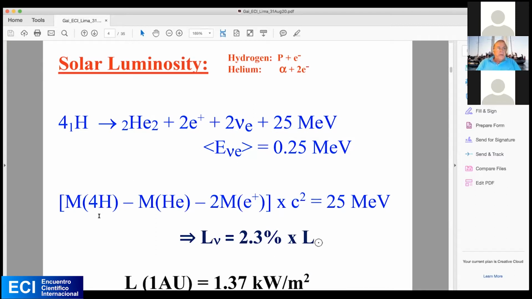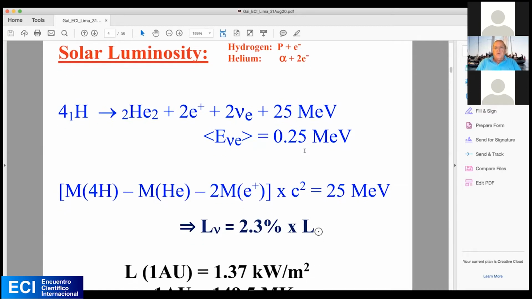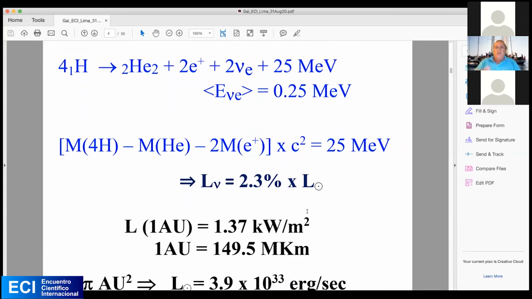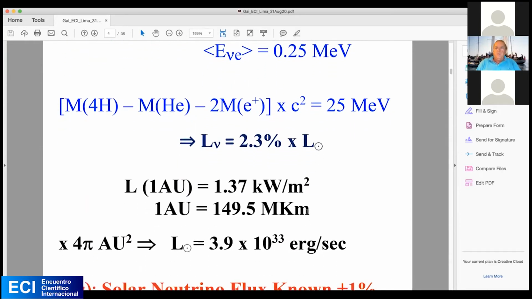If we take the mass of the hydrogen minus the mass of the helium minus the mass of the positron, multiplied by c squared, we get 25 MeV. The neutrinos, on the other hand, take about 250 keV, so it immediately follows that the luminosity of the neutrinos must be 2.3% of the luminosity of the sun. If we know how much energy comes from the sun, we know how much energy should come from neutrinos.